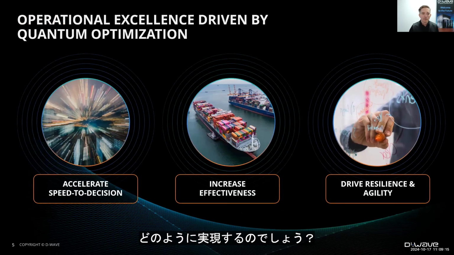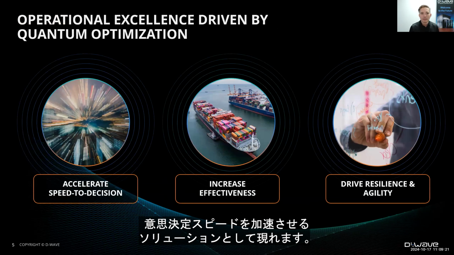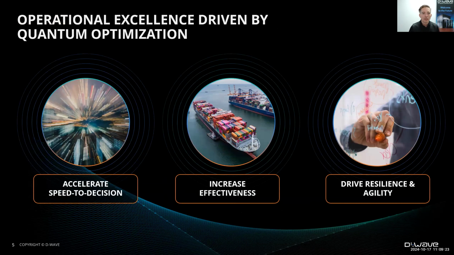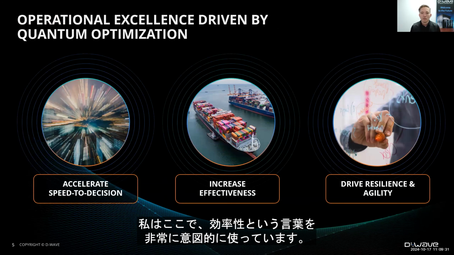How does that materialize? Well, in terms of the actual business impact, it usually manifests in a solution that accelerates a business's speed to decision. So they're able to make decisions in complicated situations much more quickly. It can also be about increasing effectiveness. I'm using the word effectiveness very deliberately here.